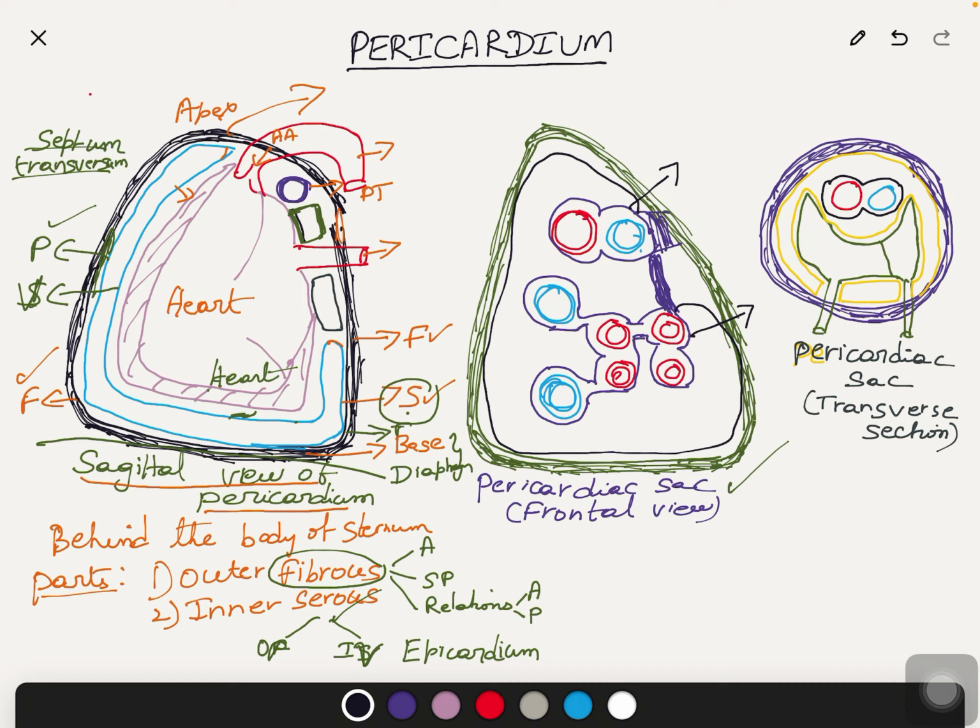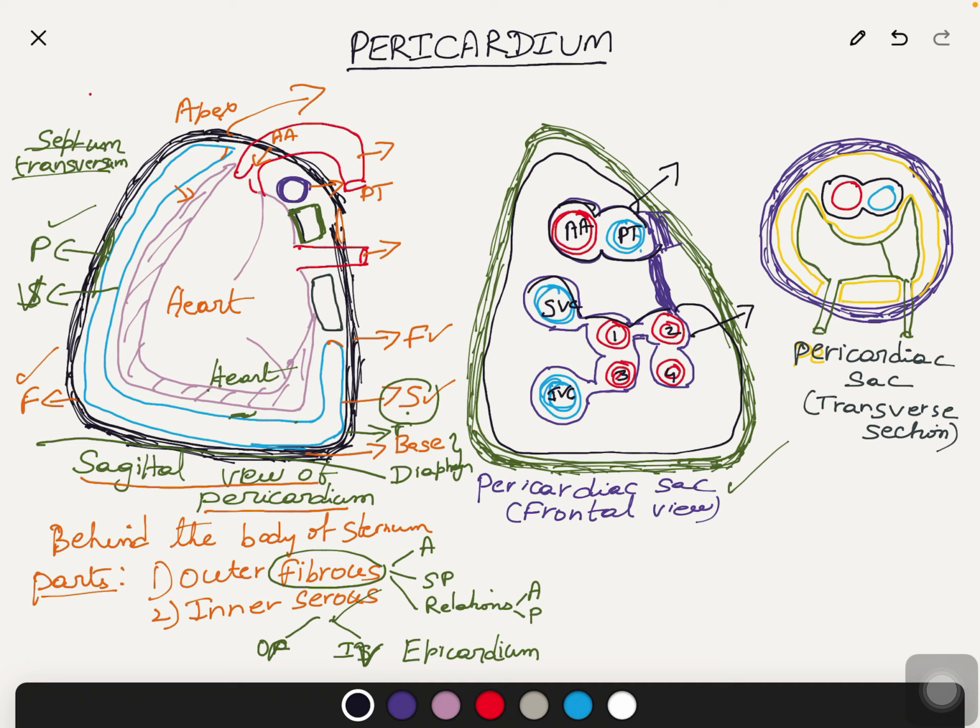What is this continuation? We will see. One tube surrounds the ascending aorta and the pulmonary trunk. So this is the ascending aorta and the pulmonary trunk, surrounded by one tube. The second tube surrounds the four pulmonary veins, and the two venae cavae, superior vena cava and inferior vena cava.